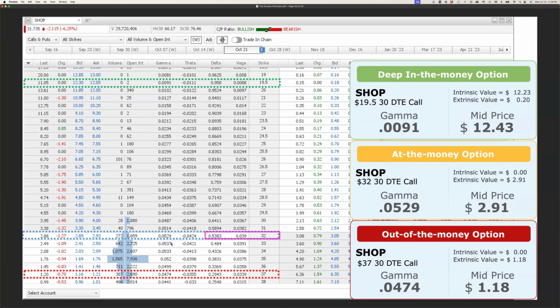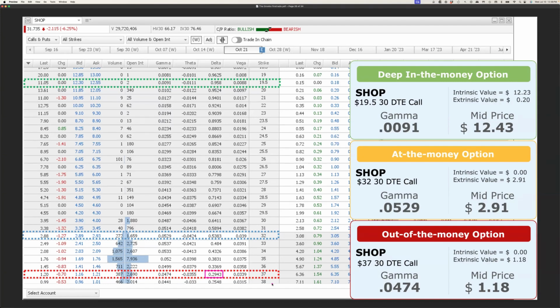And lastly, if I use that $37 call option, it has a gamma of 0.04. It currently has a delta of 0.29. If it goes from 37 to 38, that delta is not going to stay static at 0.29. It's going to go up to 0.33. So you can think of gamma as the accelerator and the brake.